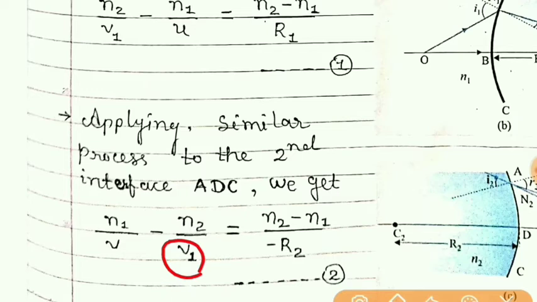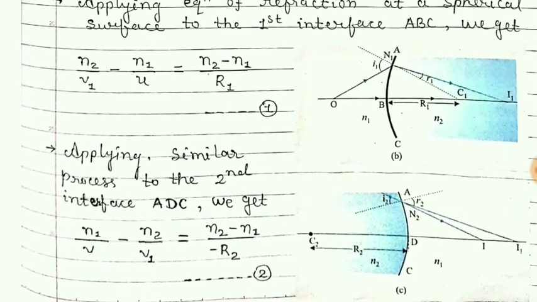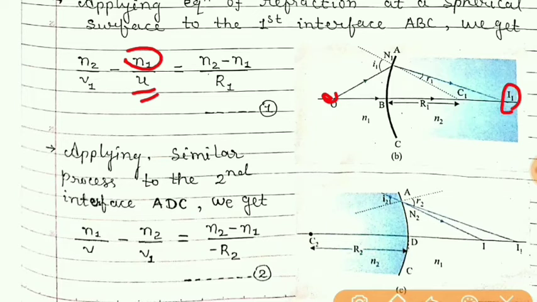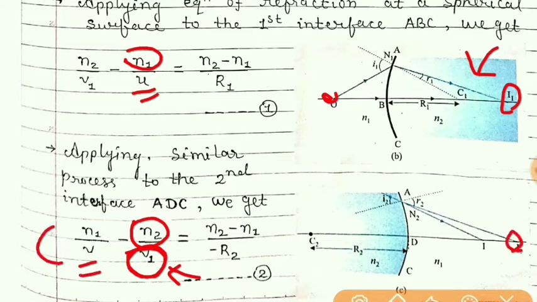Now students, just carefully observe here: the object was placed in the air medium, so it was n1 here, but now the image I1 is formed in the second medium. So when we consider this image as an object for the second surface, it is in the medium n2, and then the final image is formed here in air only. So the refractive index of air, that is n1. Negative sign as it is, as usual.